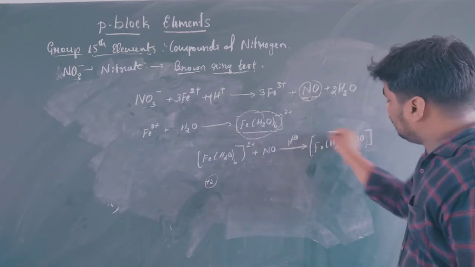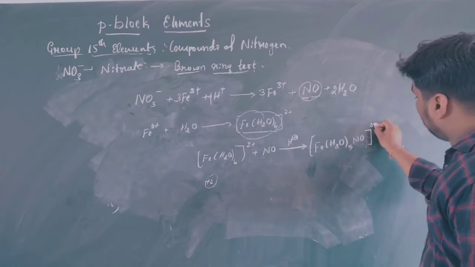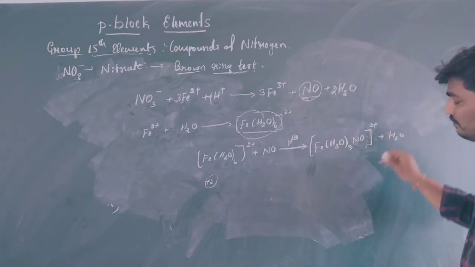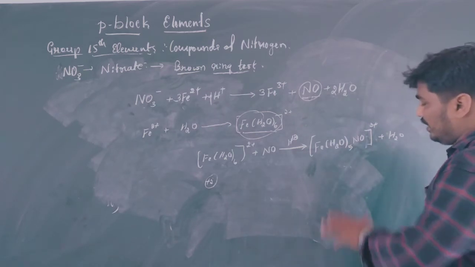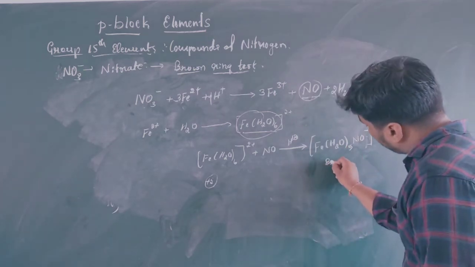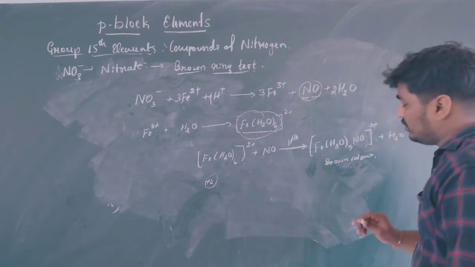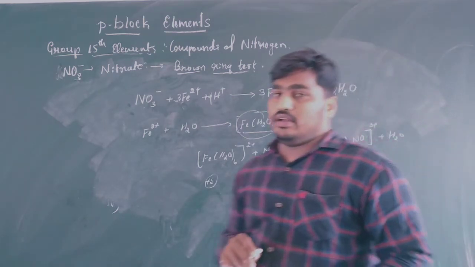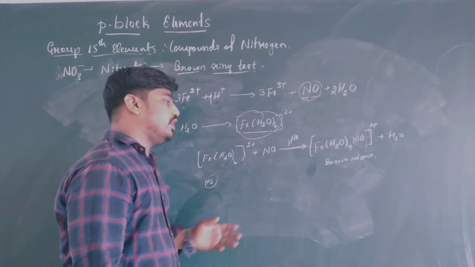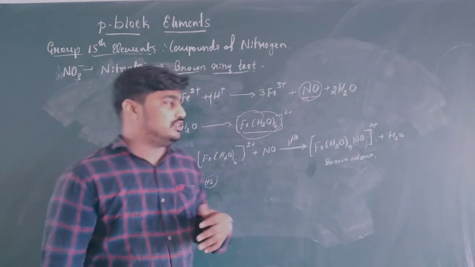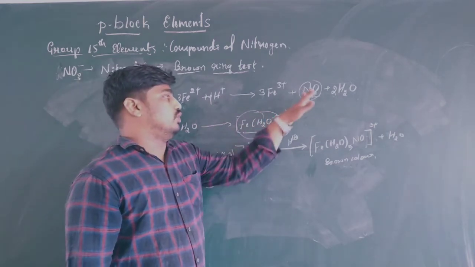So this is the brown complex. One molecule of water goes out, and this is the brown colored complex. So this is the brown ring test. Okay, so this brown colored complex is formed at the junction of these two solutions.